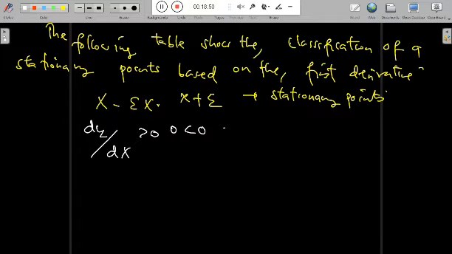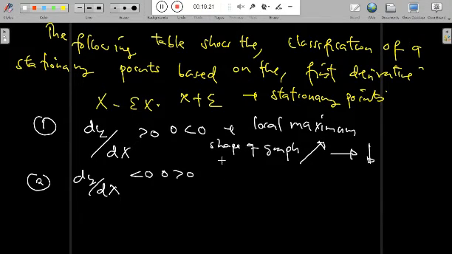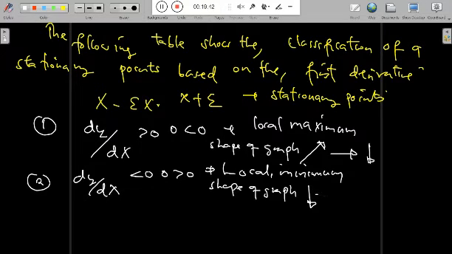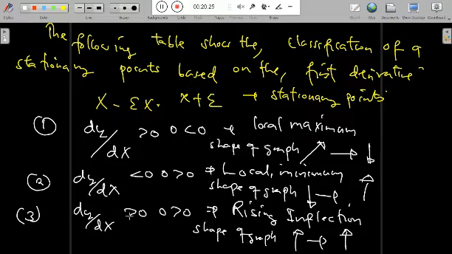Suppose the first derivative dy over dx is greater than 0 and then less than 0; this represents a local maximum, and the graph moves from left to right, rising and then falling. If dy over dx is less than 0 and then greater than 0, that proves a local minimum, and the graph drops and then rises. If dy over dx is greater than 0 on both sides, this represents a rising point of inflection, and the graph keeps increasing.